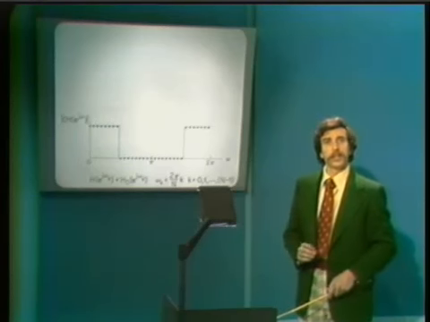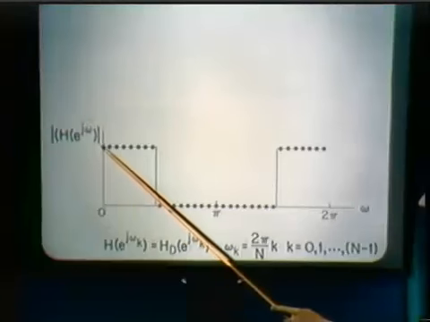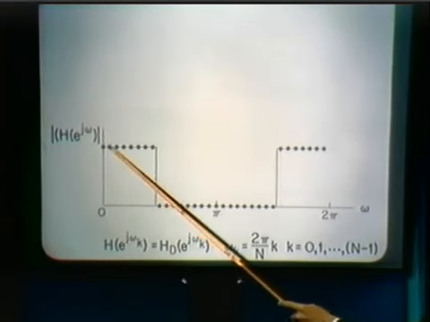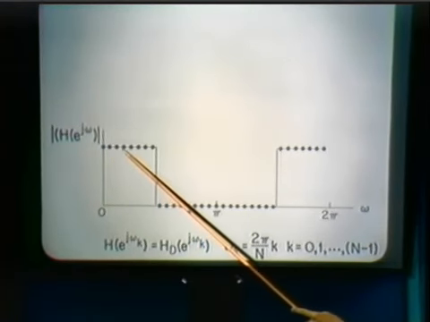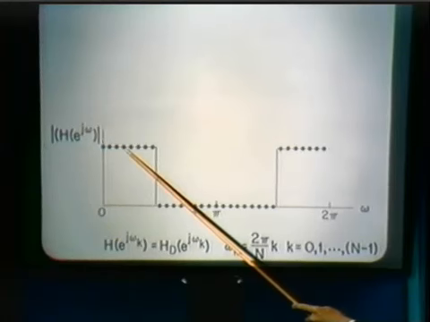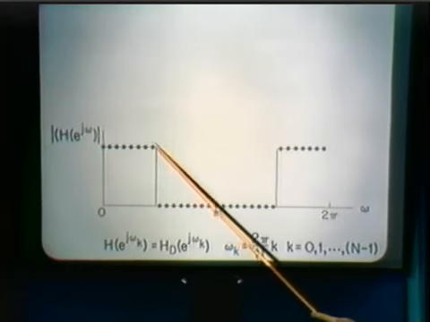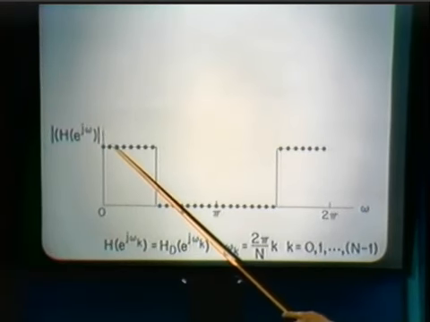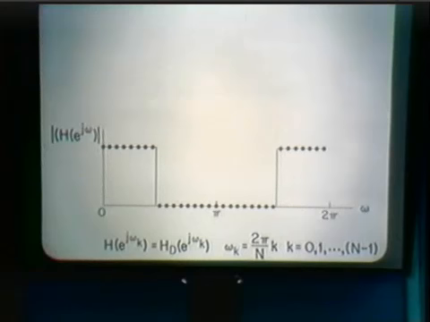And the reason is that it is very important to keep track of the fact that just because we specify the frequency response at equally spaced points along the frequency axis doesn't mean that in between those points the frequency characteristic has to be particularly well behaved.